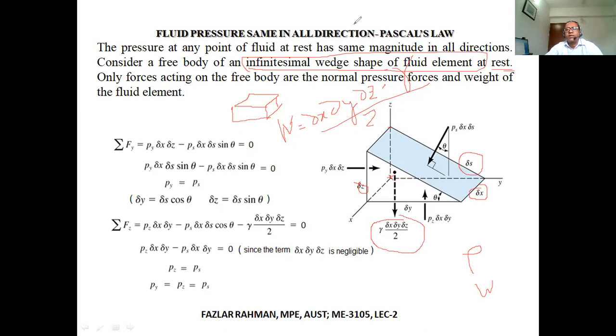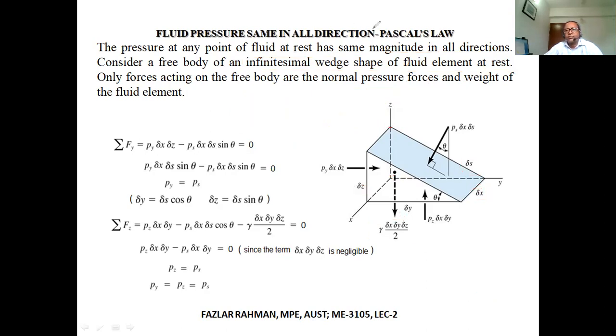Okay. Now, pressure force. Pressure always works perpendicular to the surface. So for this vertical side, pressure is working toward the positive y direction. I would like to figure out how much force is working due to the pressure.